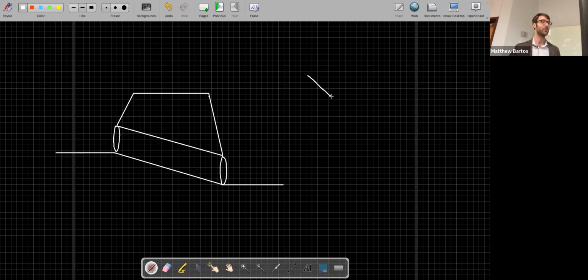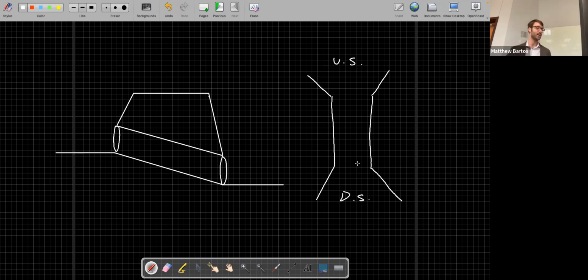So this is our top view of the culvert. Let's say this is the upstream end, and this is the downstream end. So we have a culvert with wing walls at the inlet and at the outlet.